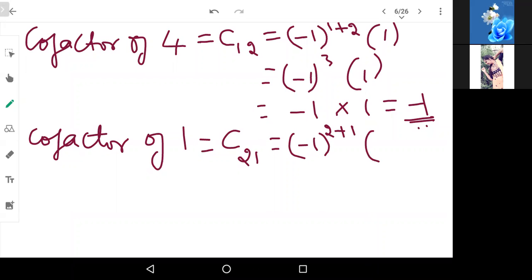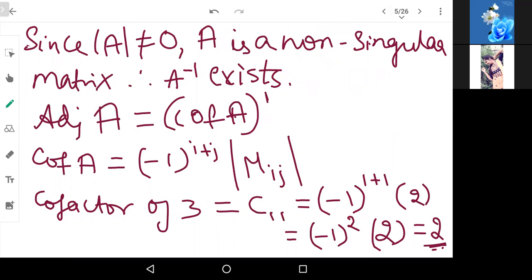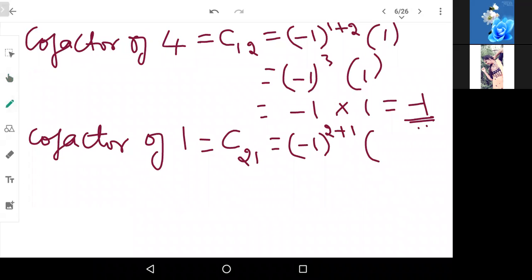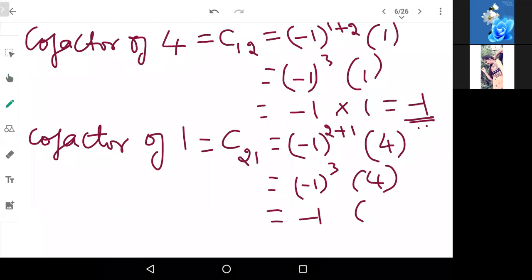Into, what is the minor of 1? 4. So -1 to the power 3 into 4. -1 to the power 3 is -1, into 4. So this will be -4. That will be the cofactor of 1.